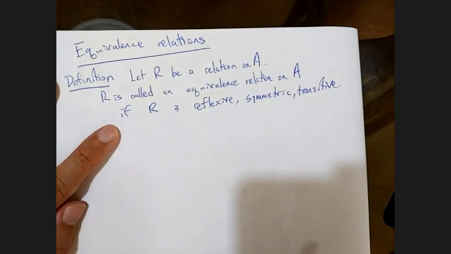And this is all relative to A. So it's not really right to just talk about an equivalence relation. You have to be talking about an equivalence relation on A, whatever A is.